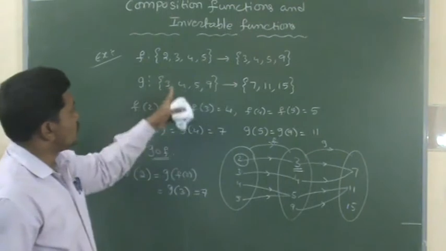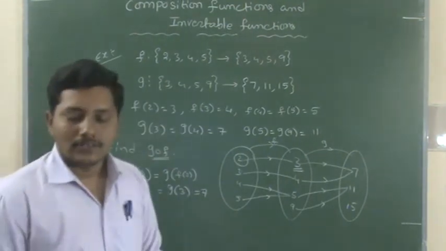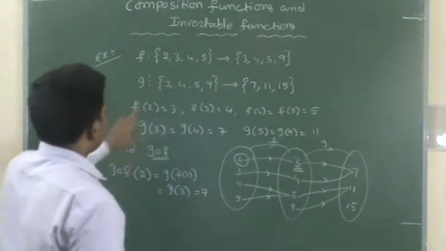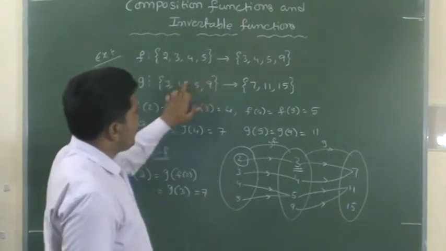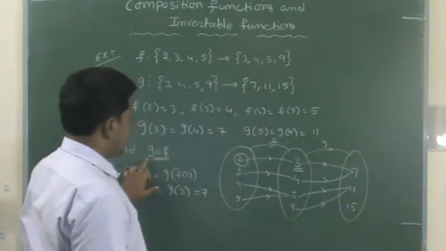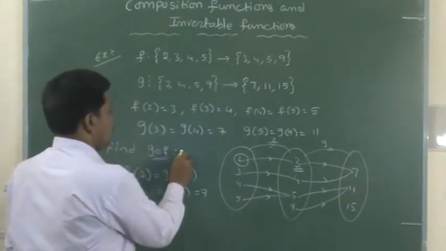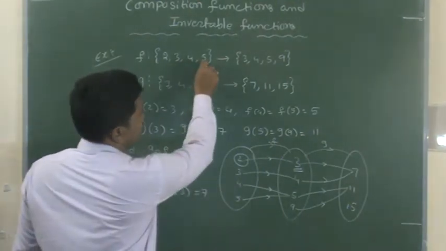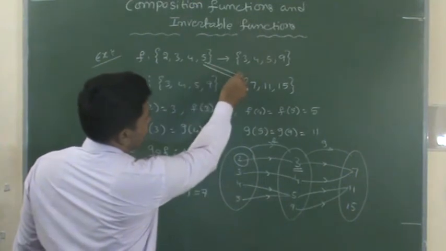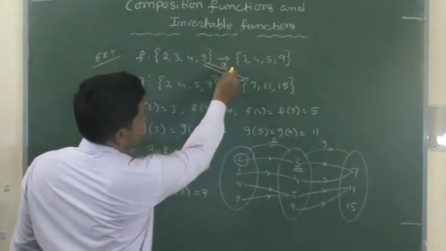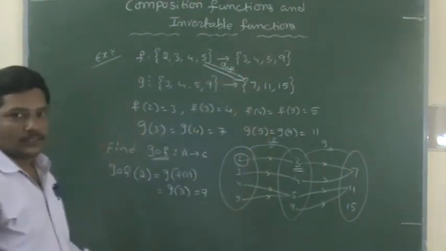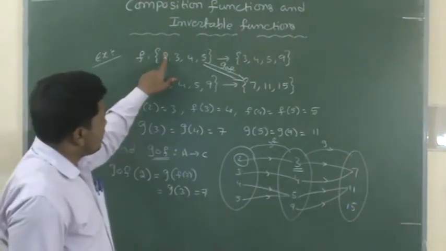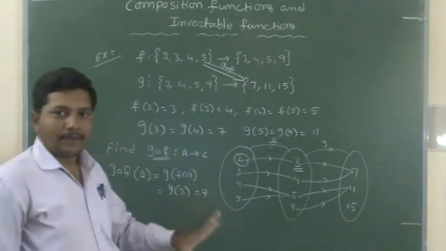X is 2, 3, 4, 5. So the definition is A to B, B to C. G circle f is mapping from A to C. So the mapping between this set and this set is happening.